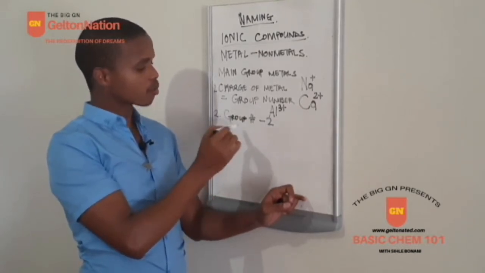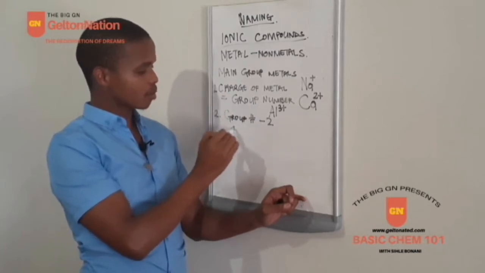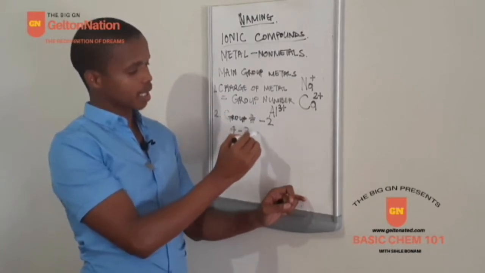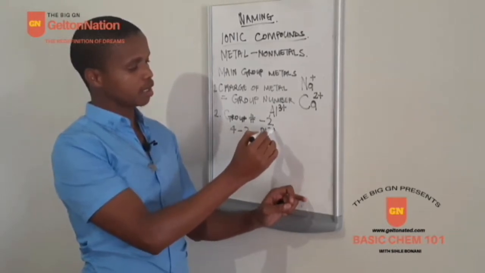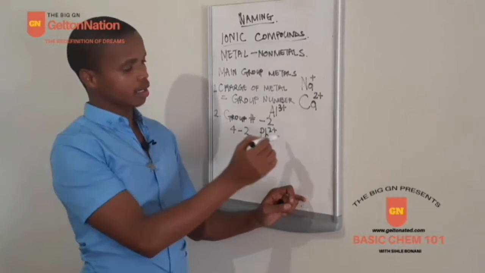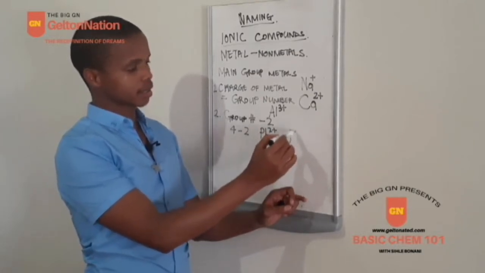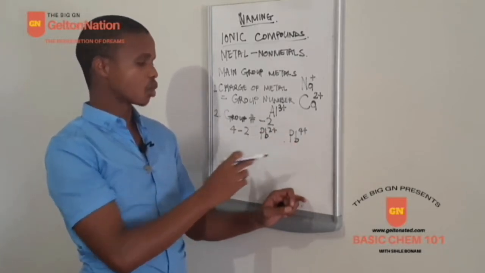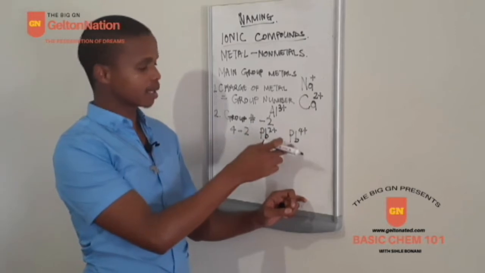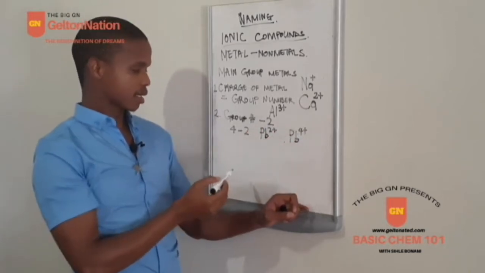Lead is in group 4 and it is a main group element, so group 4 minus 2, lead is usually Pb2+, and it can also be Pb4+. So it has more than one charge.